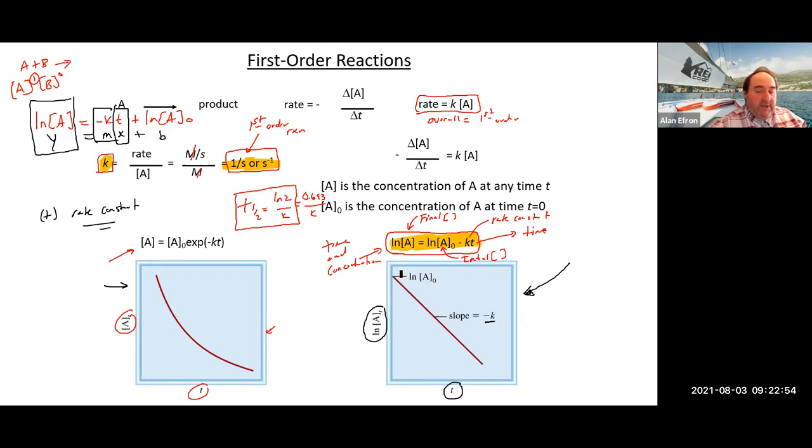This is the one you should use along with the half-life equation. And like I said before, this linear graph is the one that we associate with it. So those things are really important for a first order reaction in order to calculate what you need. Any questions on that?